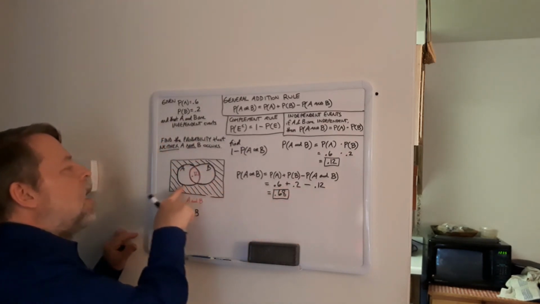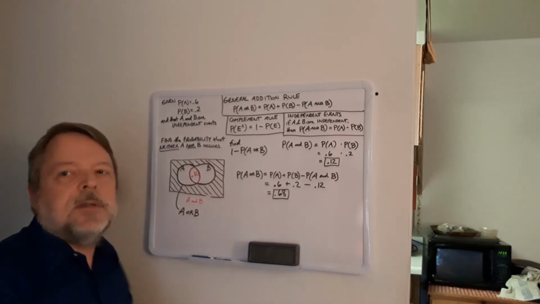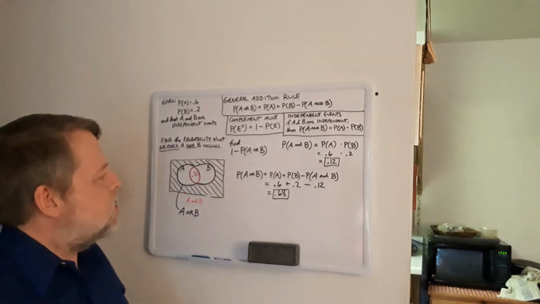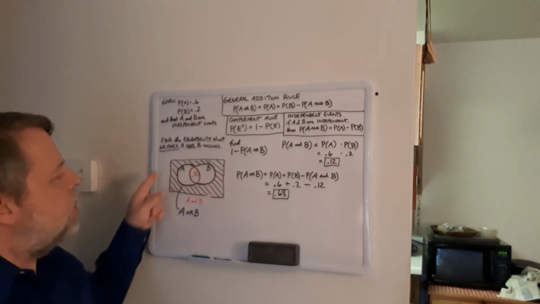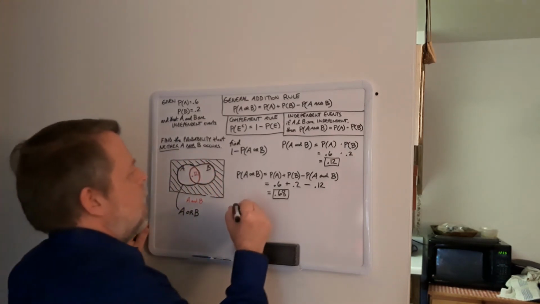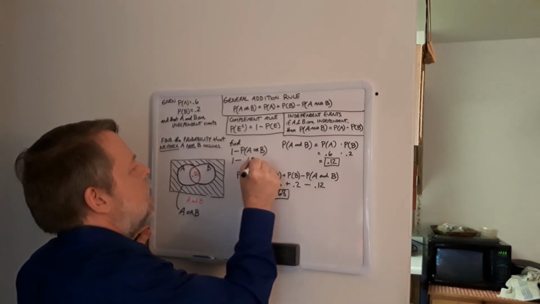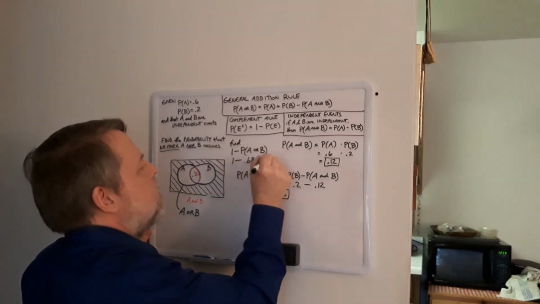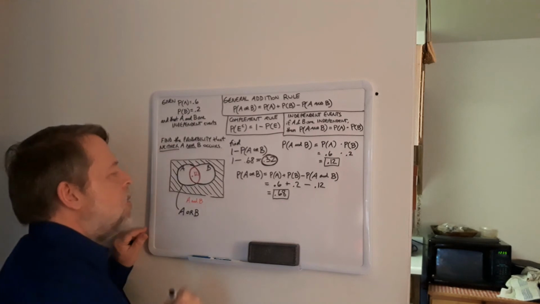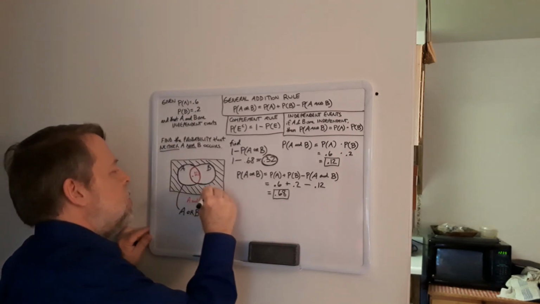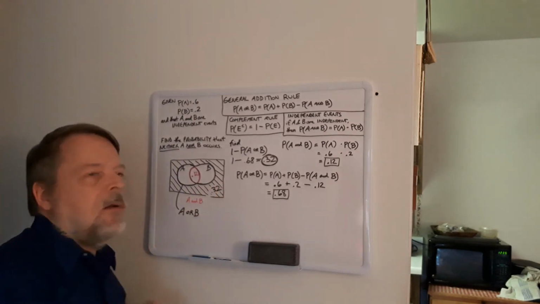So this entire A or B together is 0.68. So if I want what's outside of that, I want 1 minus this 0.68, which gives me 0.32, and that is what I'm really wanting. The 0.32 is the area out there.